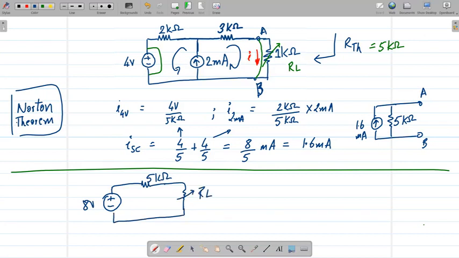What value of RL will allow for the maximum power to be delivered to the load? Okay, so this can be called RS, which is the source resistance. It's the resistance associated with the voltage source. So there's a source resistance, and then there is a load resistance.